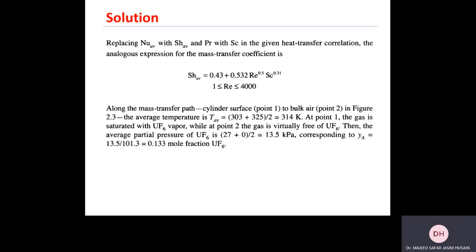But you have first to sort out the temperature. So along the mass transfer path, point 1 and point 2, the average temperature is 303 plus 325 divided by 2, so that will be the average temperature, 314 Kelvin. And at point 1, the UF6 pressure is given to us, which was 27 kilopascal. So in that case, you can find the mole fraction.